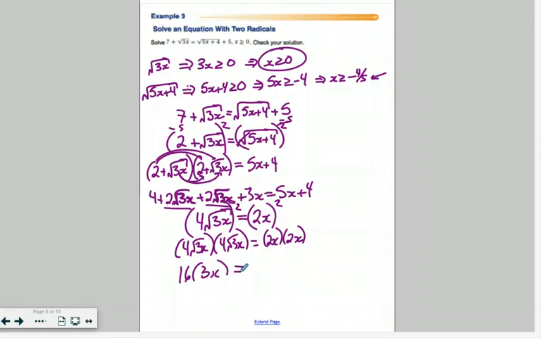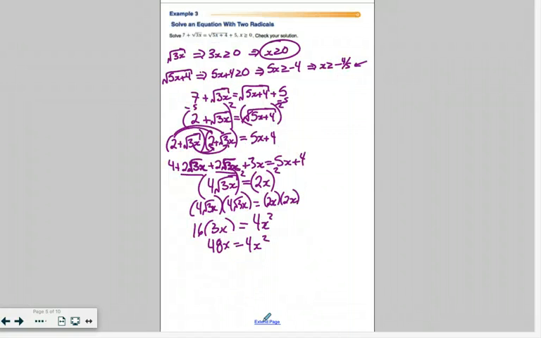And 2x times 2x is 4x squared. So now what we have is 16 times 3x, that gives me 48x. So we have 48x here is equal to 4x squared here.